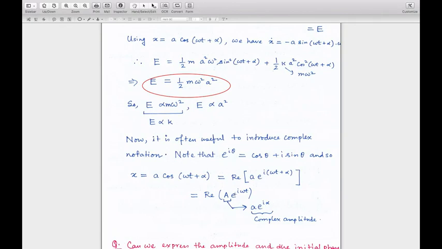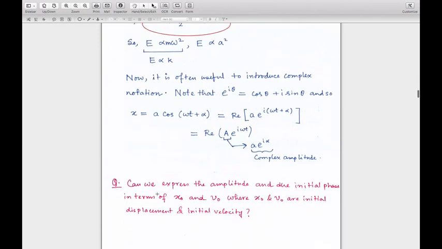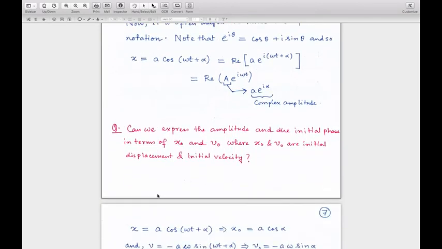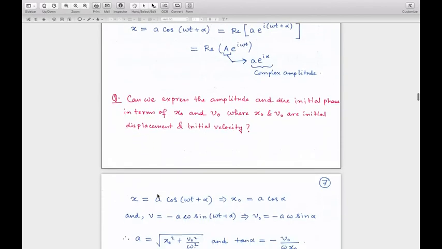I can define that as a complex constant quantity, which is the complex amplitude, capital A. Then using this complex number, capital A times e to the power i omega t, and just extracting its real part, we finally get the solution for x. That is also possible. I have a small exercise to think of.